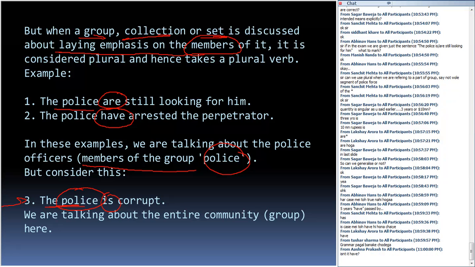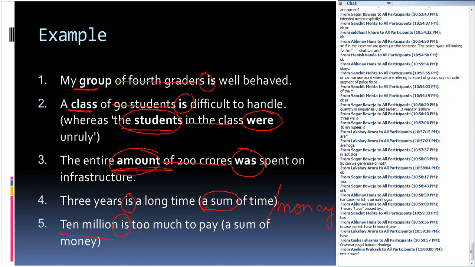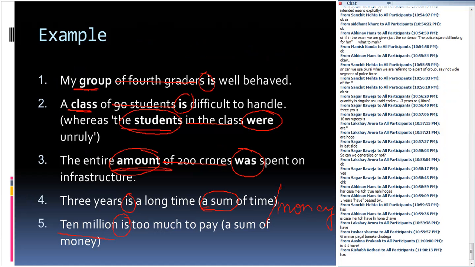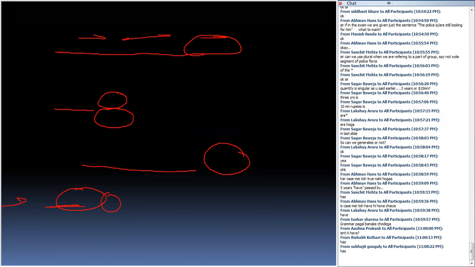Okay, no, no Ashna, I think it should be has. 5 years has passed. अभी हमने देखा था ना, wait, 3 years is a long time, sum of time, so 5 years I believe is sum of time, so I think it should be has.